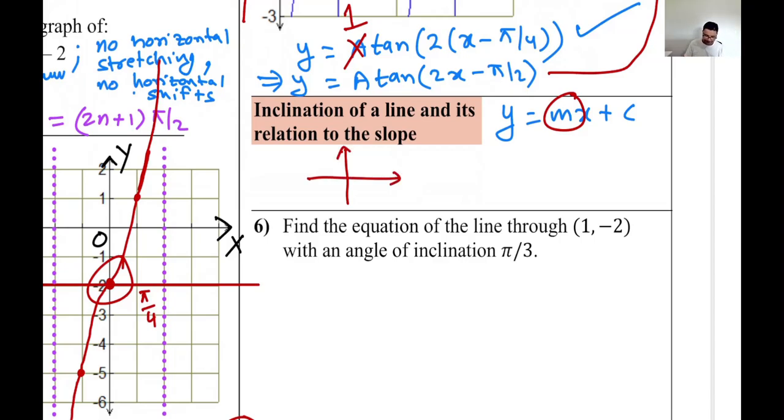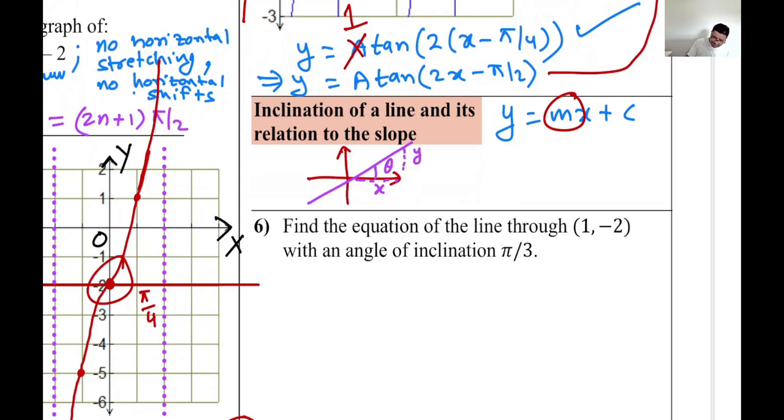any line, let's say it makes angle theta here with the x-axis. The slope that we are calculating is change in y over change in x, right? But isn't that the definition of tangent?